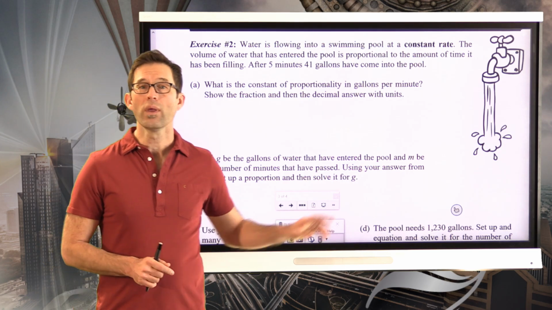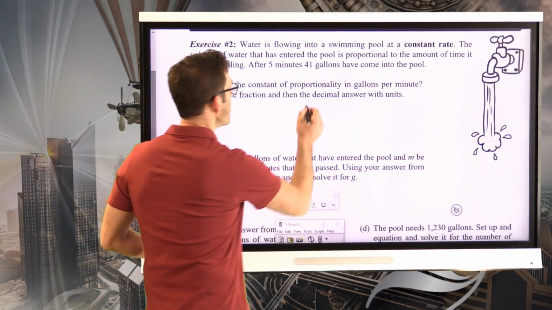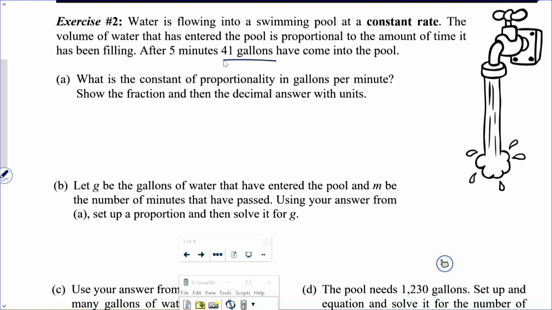All right, well, we want gallons per minute. Gallons per minute, that means we want the gallons in the numerator and the minutes in the denominator. That can be a little tricky given where they've showed up kind of in the problem. But we just simply want 41 gallons divided by 5 minutes. Notice how often we end up having time in the denominator.